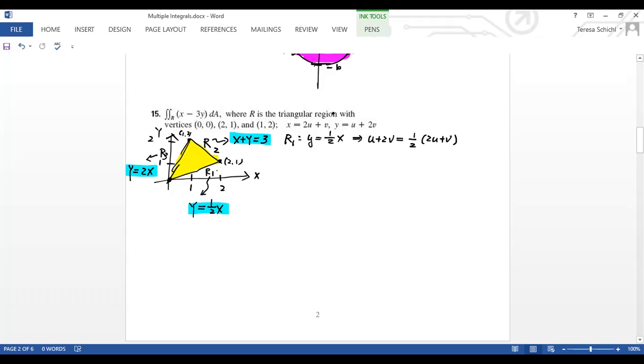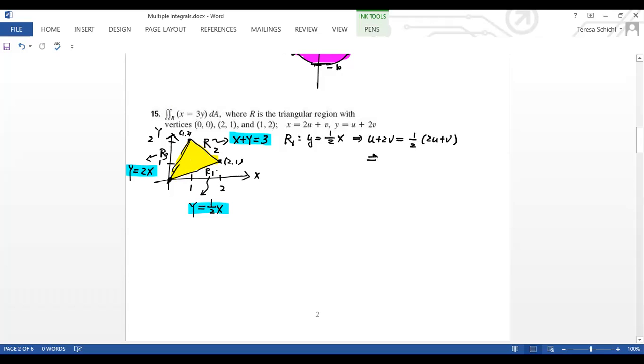So it's kind of backward to what we did before. A while ago we knew the uv and tried to find our original integration region for xy. Right now we know the xy, and we're going to find our simplified region for uv. So in here, u plus 2v equals u plus v.